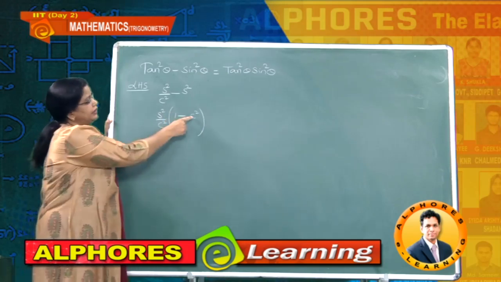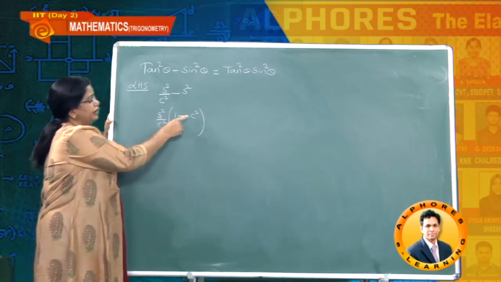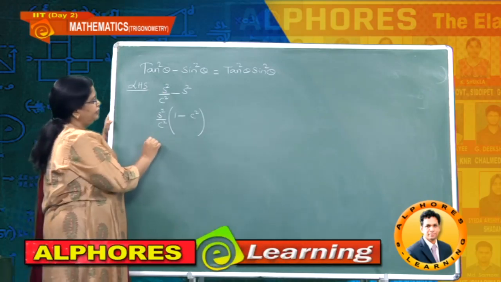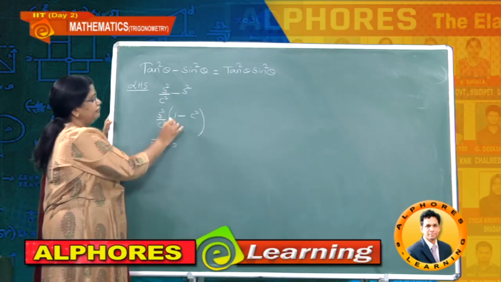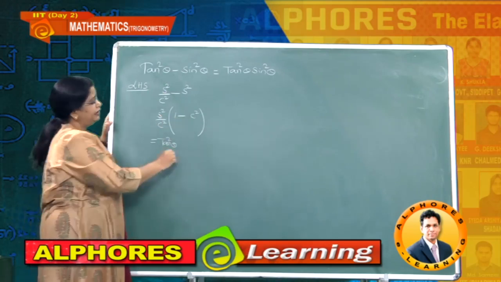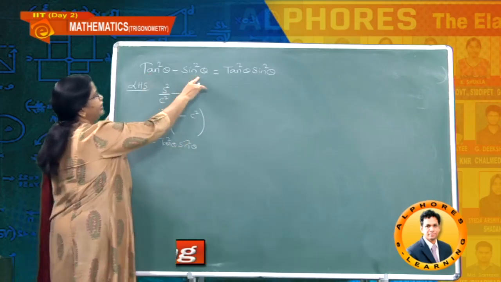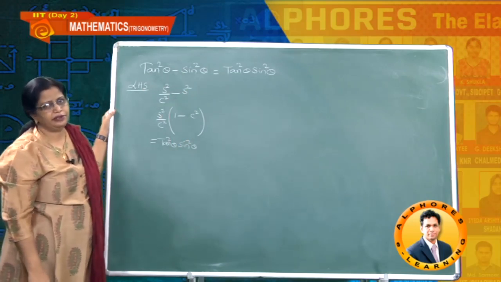Observe carefully: cos square into sin square by cos square, and thereby you will get again this term. Got it? Therefore sin square by cos square is tan square, and 1 minus cos square is sin square theta. So you got tan square minus sin square is nothing but tan square theta into sin square theta.